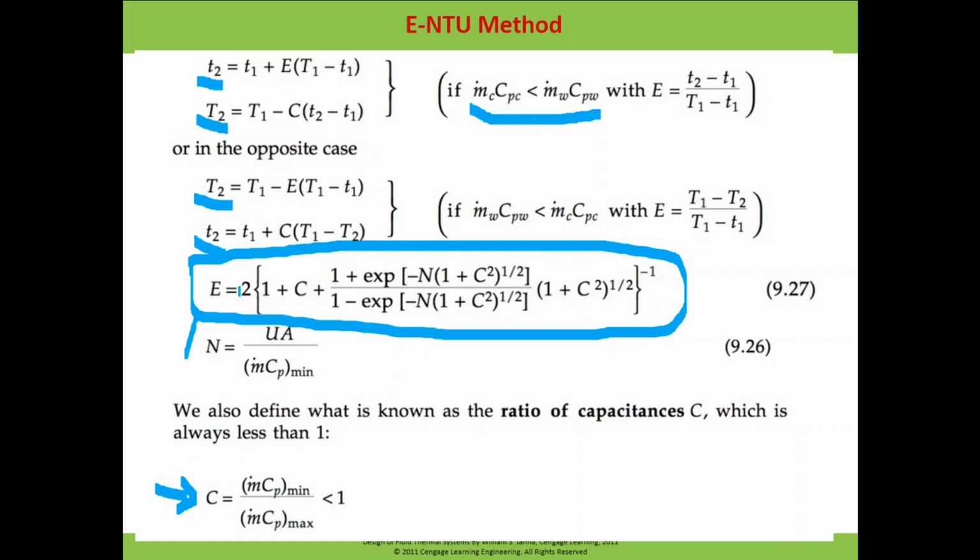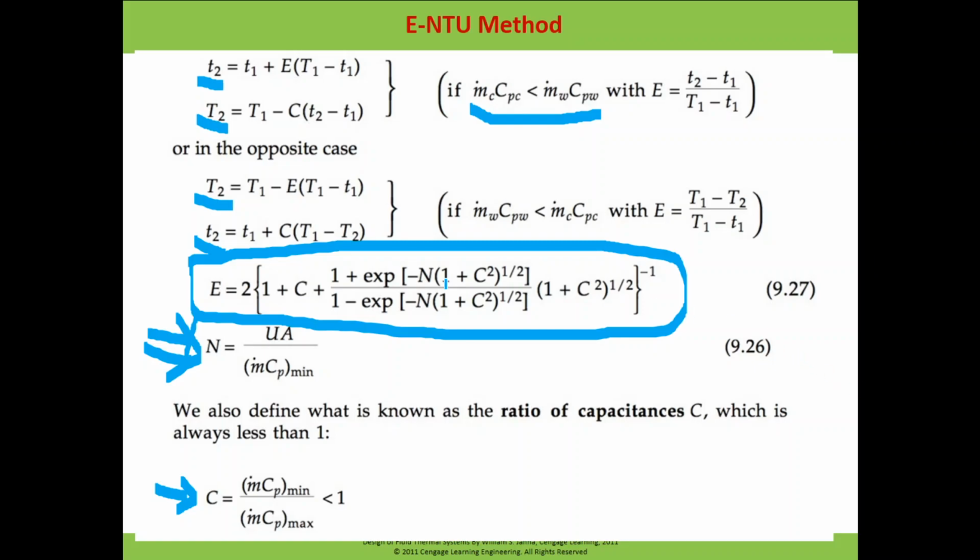So when we want to calculate E, what do we need? We need C and N. C we already have here, and what is N? The number of transfer units. We will calculate it using this expression, UA over MCP min. This way we can calculate the final temperatures by using the ENTU method.